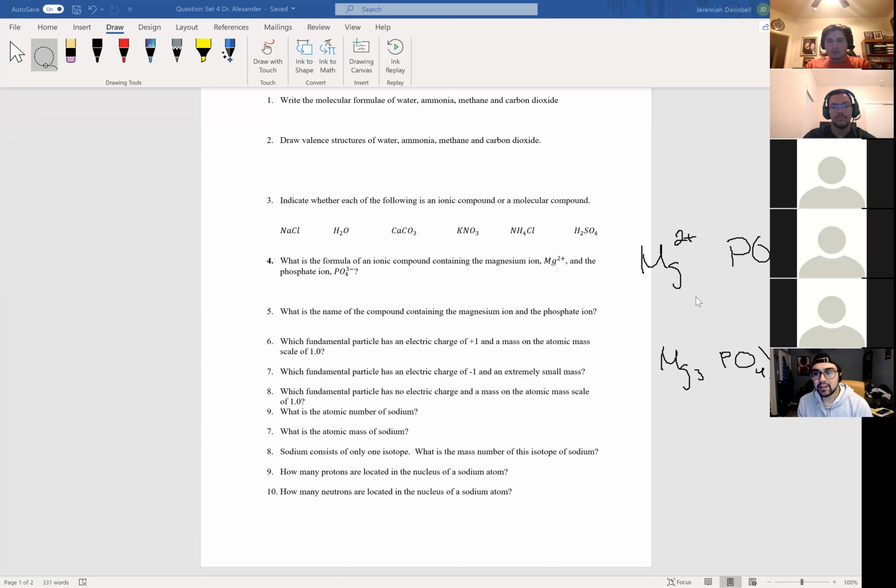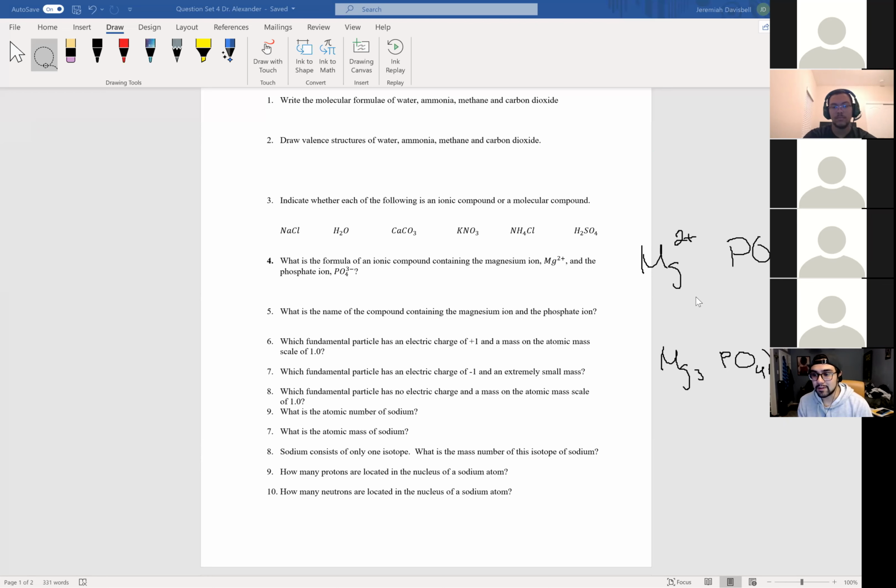And why don't I just multiply everything by 2? Why don't I just have P2O8? Why is that wrong? Because it would tell you that you have 8 oxygens. We technically do have 8 oxygens present, but we need to identify what phosphate is.